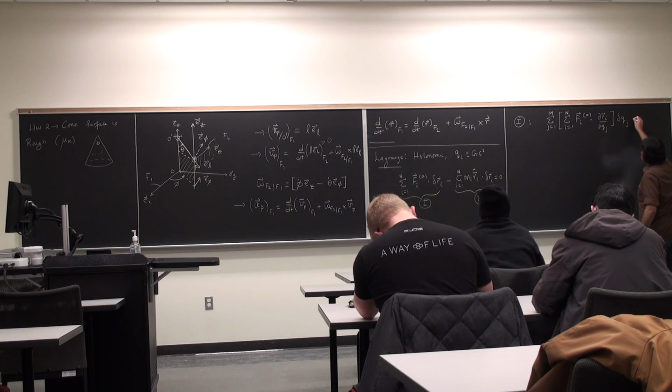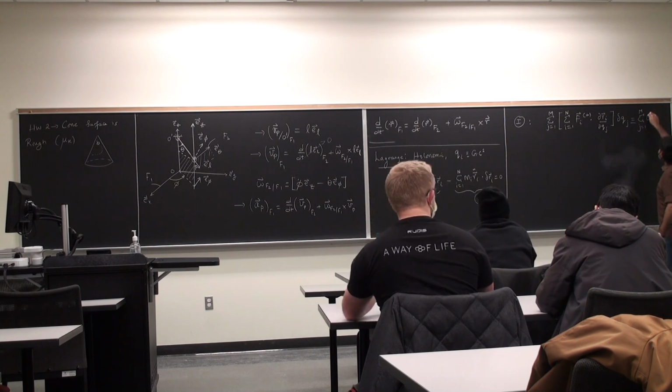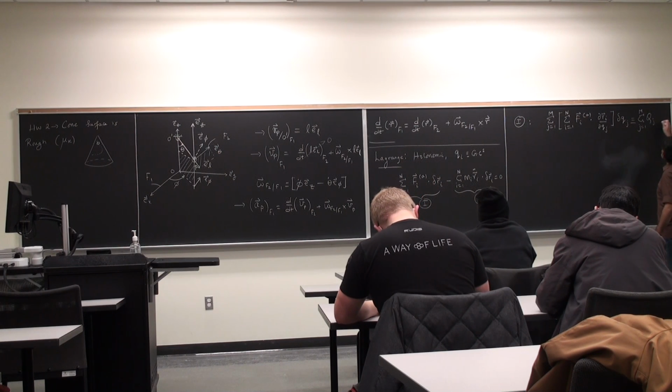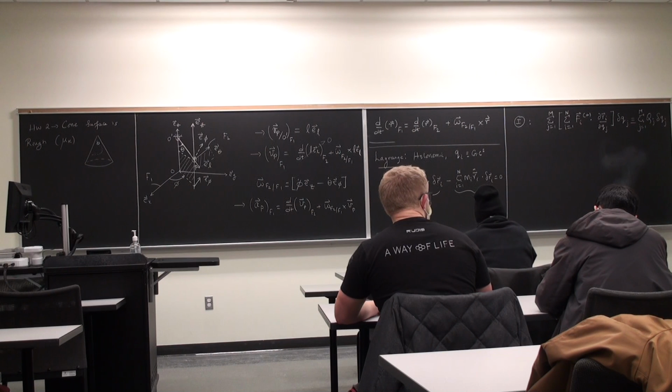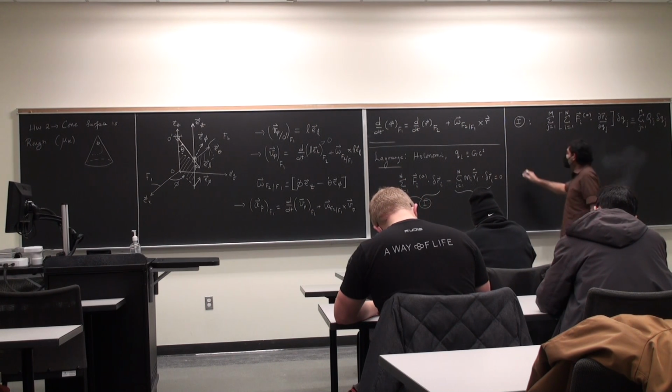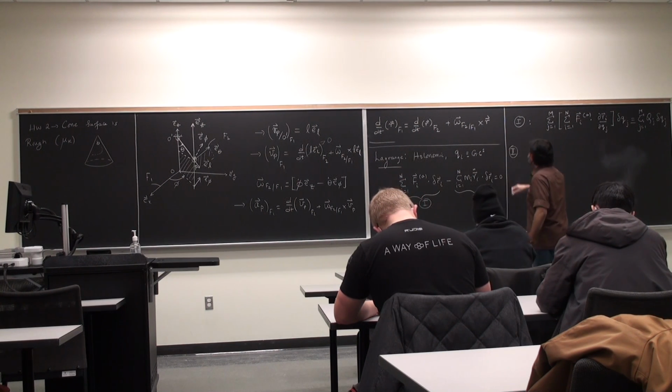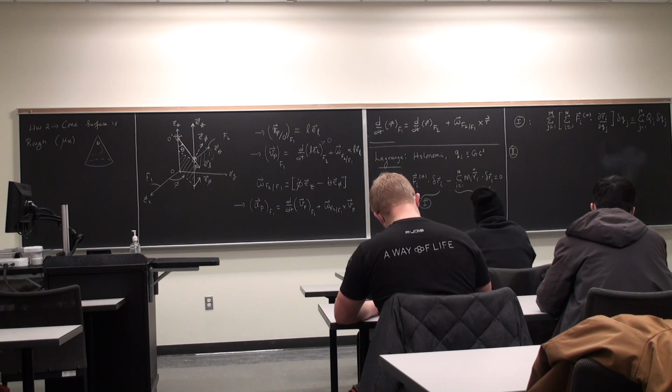So this I wrote down as summation j, Q_j, del q_j. Now look at the second derivative term, okay?